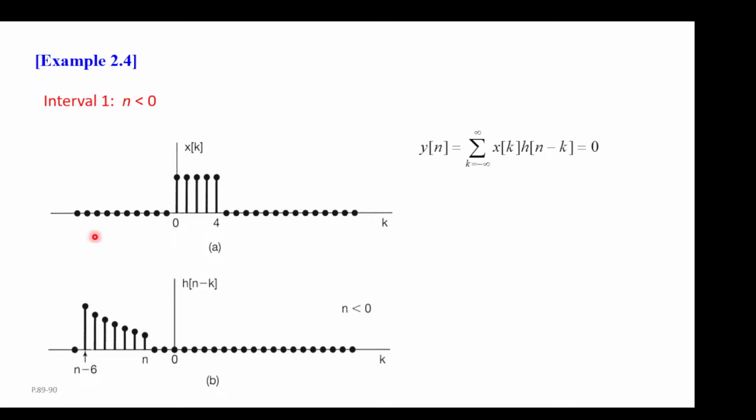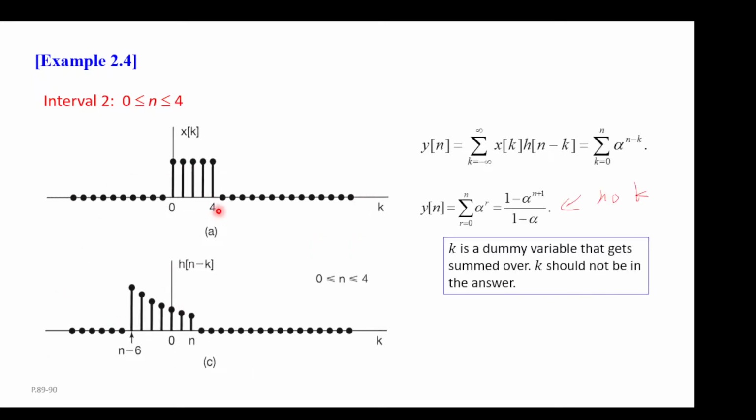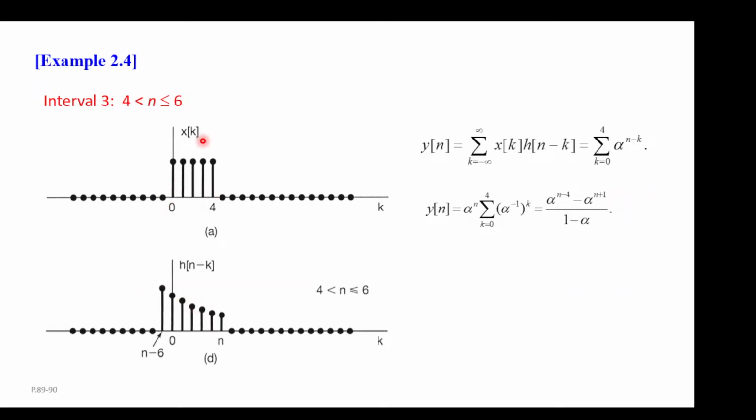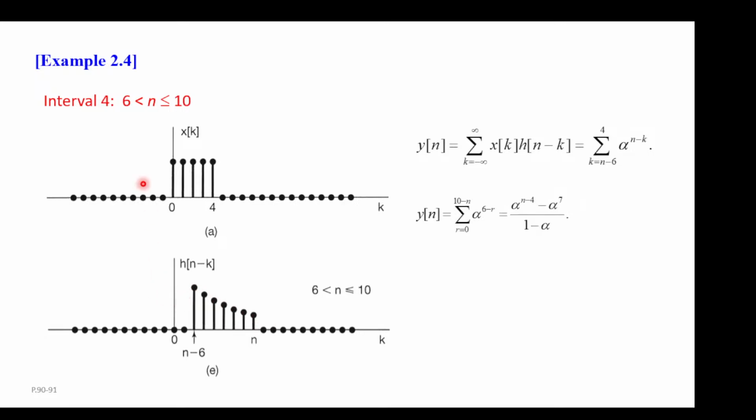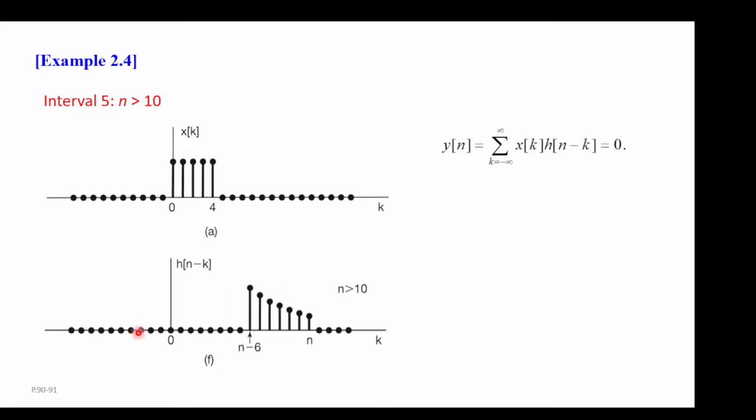So for n less than 0, they don't overlap. Then for n between 0 and 4, they overlap partially. Then for n between 4 and 6, when you drag this function more and more to the right, you have full overlap. And for n between 6 and 7, you have partial overlap again. And for n bigger than 10, you have no overlap again.